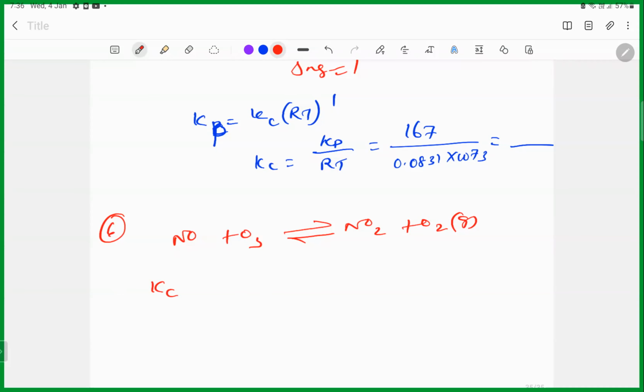For the following equilibrium, Kc is equal to 6.3 in 10 power 14 at 1000 Kelvin. Both the forward and the backward reaction in the equilibrium are elementary bimolecular reactions. What is the Kc for the reverse reaction? How will you find out?